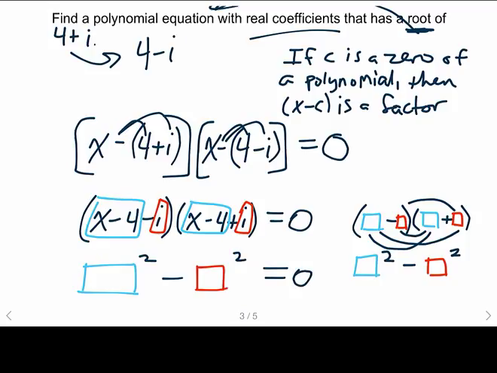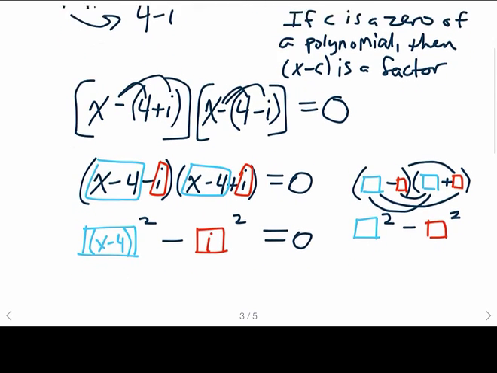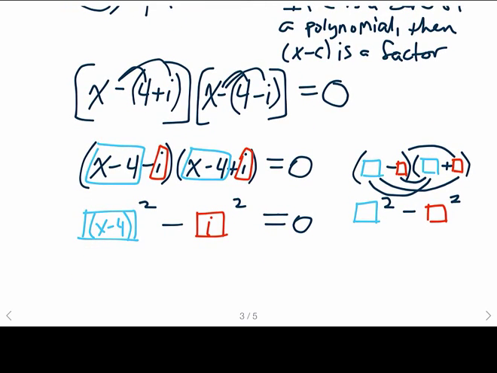But what's in the blue box? What's in the blue box is the quantity x minus 4. What's in the red box is i. If you do this with just the shapes on your paper, you'll hopefully see how it plays out, and then it should make sense to you. x minus 4, the quantity squared, is x squared minus 8x plus 16. Then we have a minus i squared.